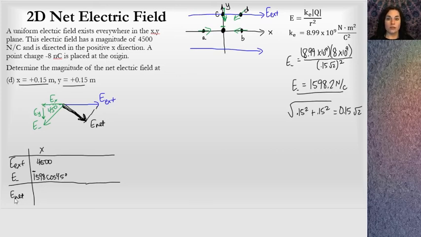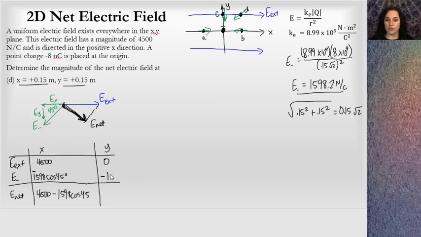So that when I find the net electric field at that point due to these two vectors adding together, right? One's in this direction, the other's in that direction, one's smaller, we get 4,500 minus 1598 cosine 45. So that's going on in the x direction. In the y direction, the external electric field has no y component, and the electric field due to the negative charge is pointing downward.